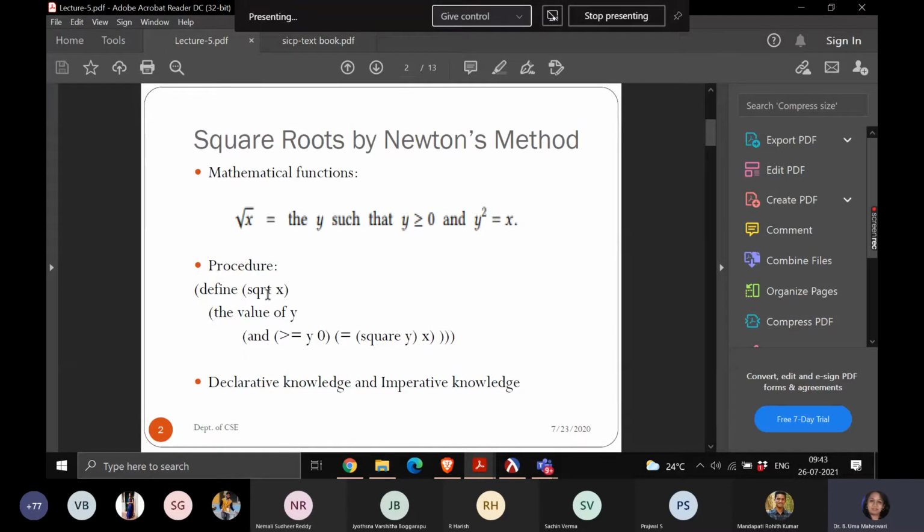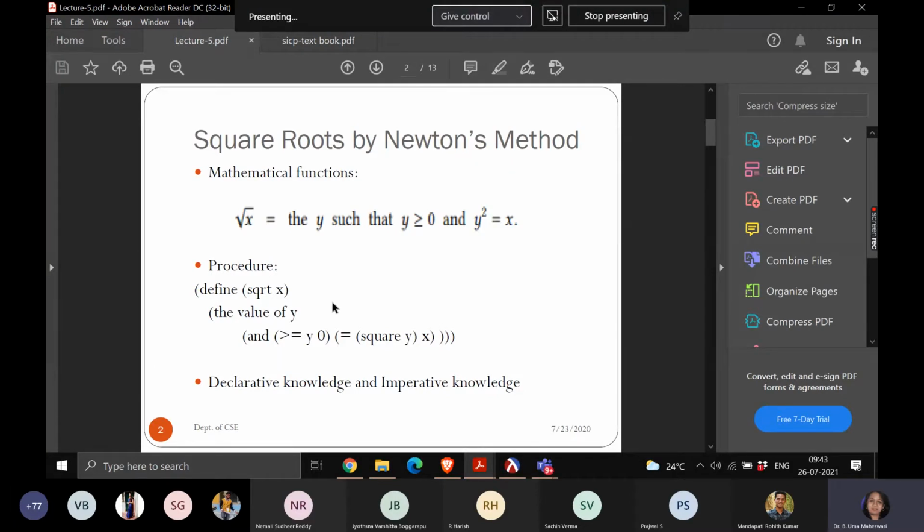So sqrt is the function, x is the variable, and inside I will write the body of the function, and the body of the function is the value of y, and what is the condition? y is greater than or equal to 0 and y squared is equal to x. Whether I can achieve the square root of a given value by this procedure, students, this particular procedure will be helpful for finding the square root of variable x.